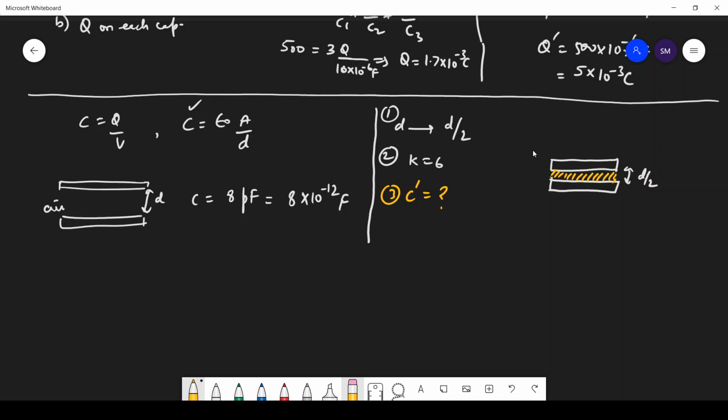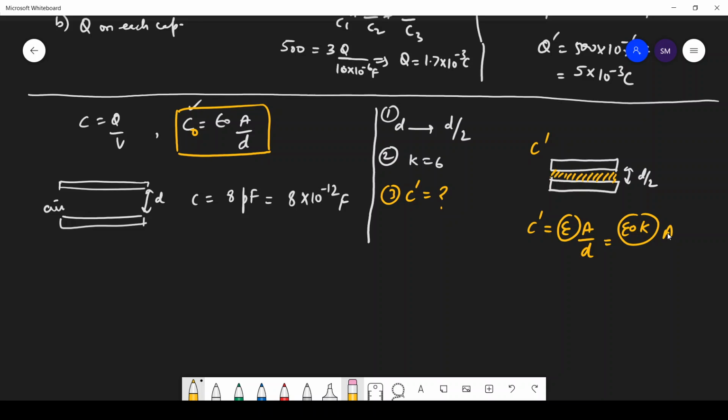So C dash is the capacitance of this capacitor that I need to find. If there is air in between, then you can write C naught is equal to epsilon naught A by D, and if there is a dielectric, then C dash is equal to epsilon A by D, and epsilon is equal to epsilon naught K. Okay, so that's the value.